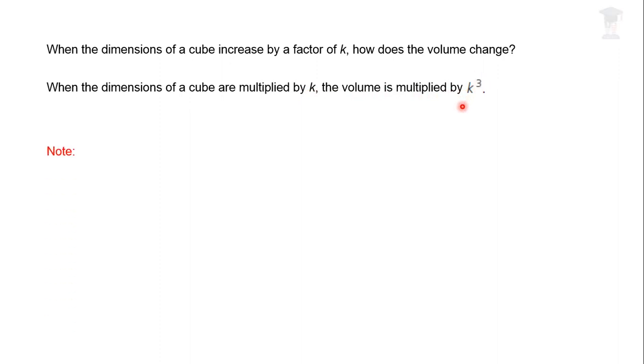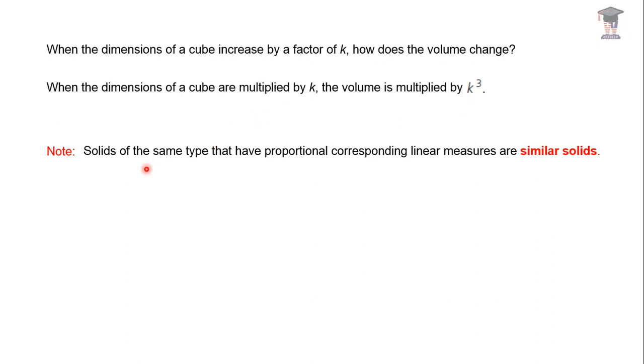Okay, note: solids of the same type that have proportional corresponding linear measures are similar. Proportional corresponding linear measures refer to the sides, so with proportional corresponding sides, they are similar.